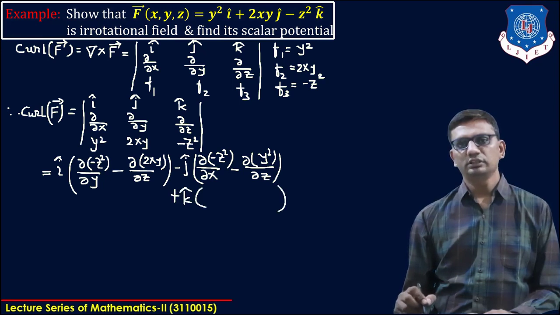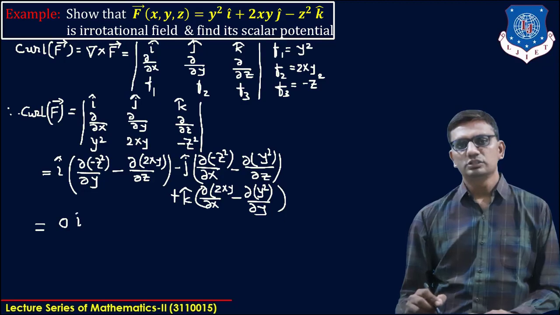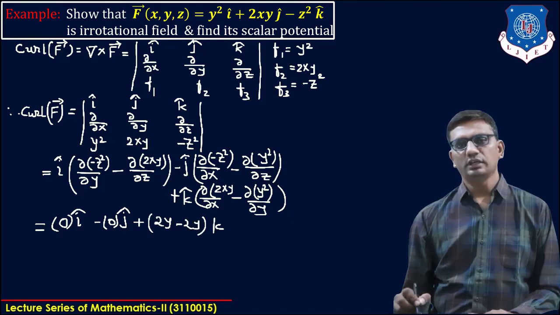Now in the third component we have del of 2xy with respect to x and del of y square with respect to y. After simplifying, we have curl of f bar equal to 0 i caret minus 0 j caret plus (2y minus 2y) k caret.